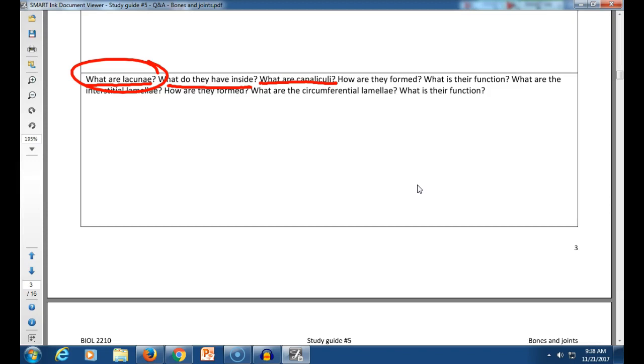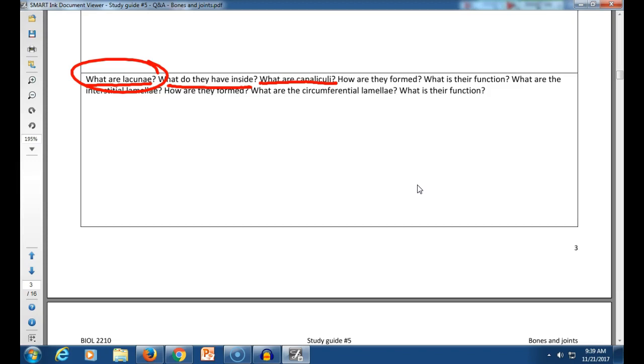Interstitial and circumferential lamellae. Remember, interstitial lamellae are remnants of the old osteons. Circumferential ones, these guys. What are the functions of interstitial lamellae, circumferential lamellae? They run all around the bone.